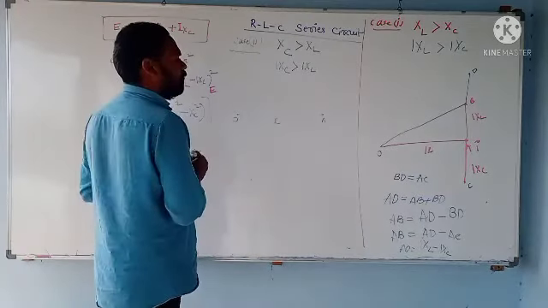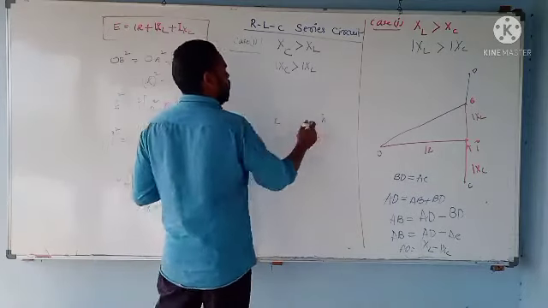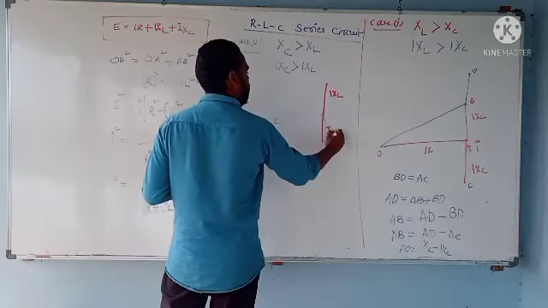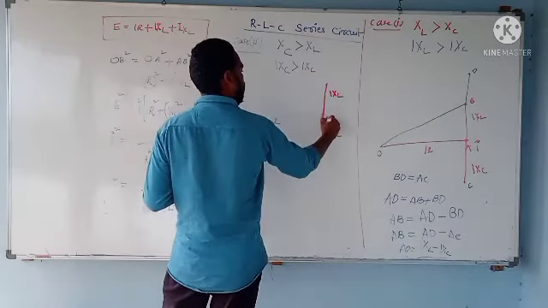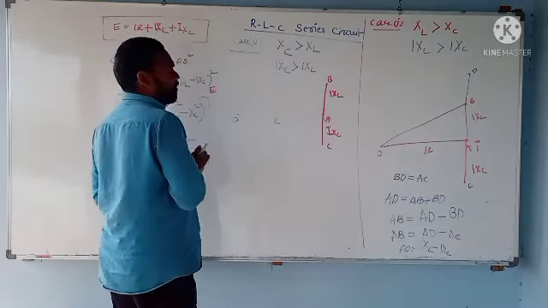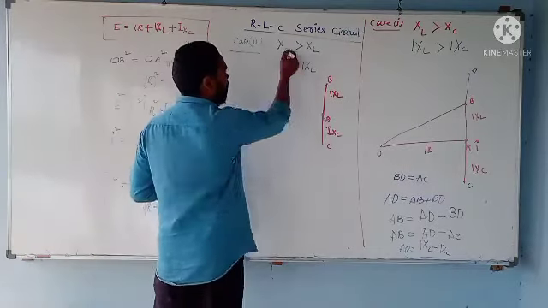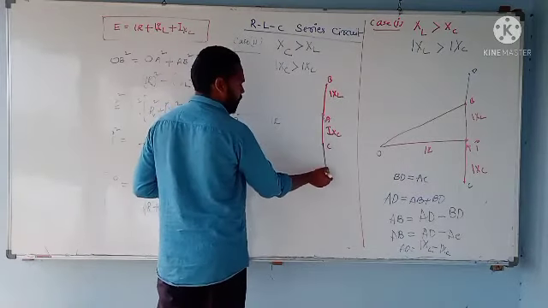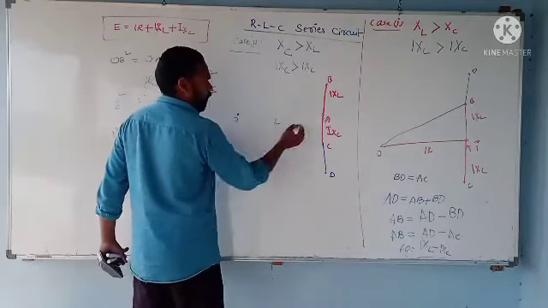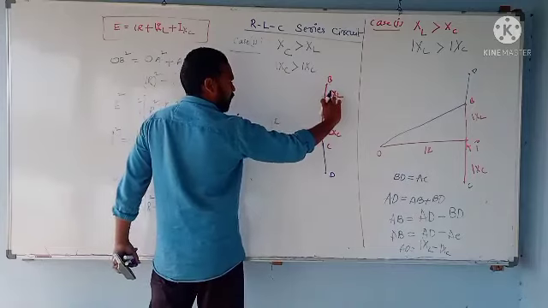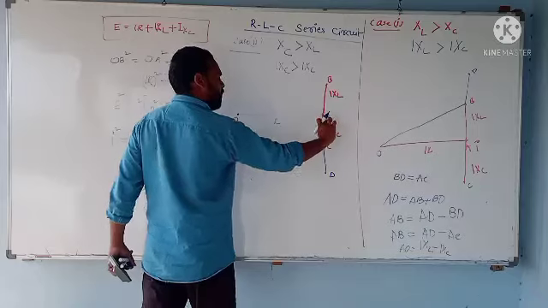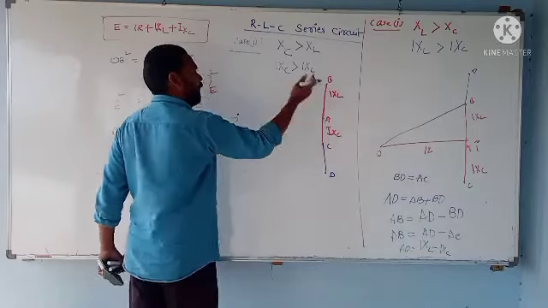Now this is IXL, this is IXC, with points OA, B, C. In this case the IXC term is higher than IXL, so I extend this to D. Now AB portion will be equal to CD portion.